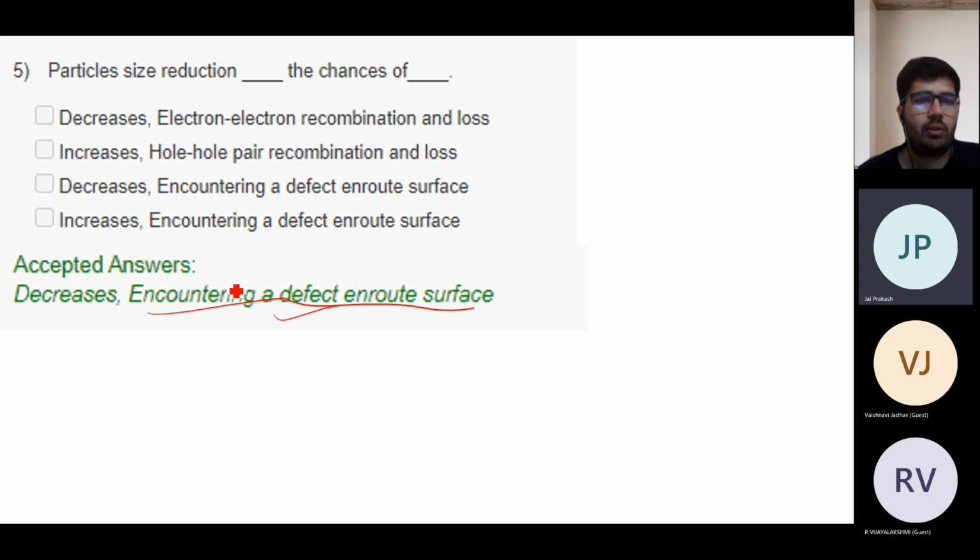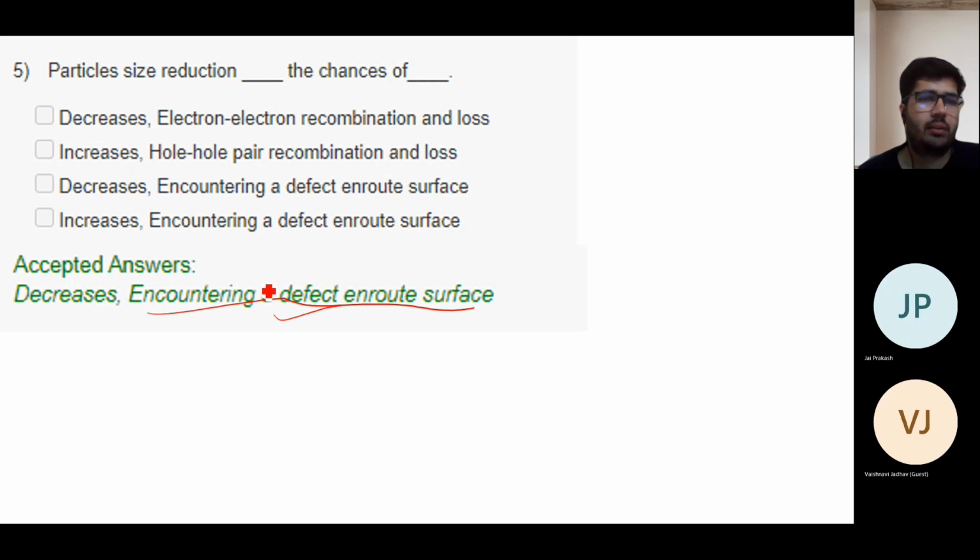If there is no defect in the route surface, then the reaction rate will increase, and the electron hole recombination will reduce. So the correct option will be option C.